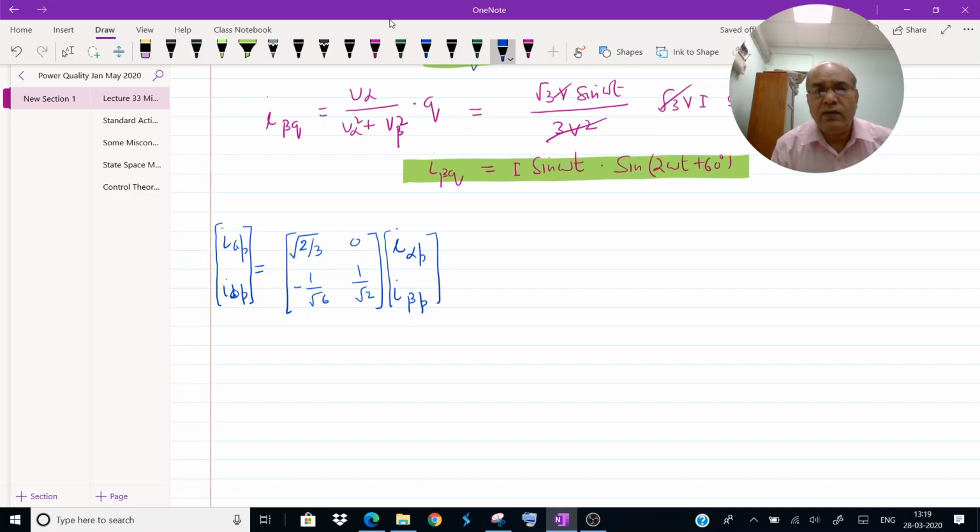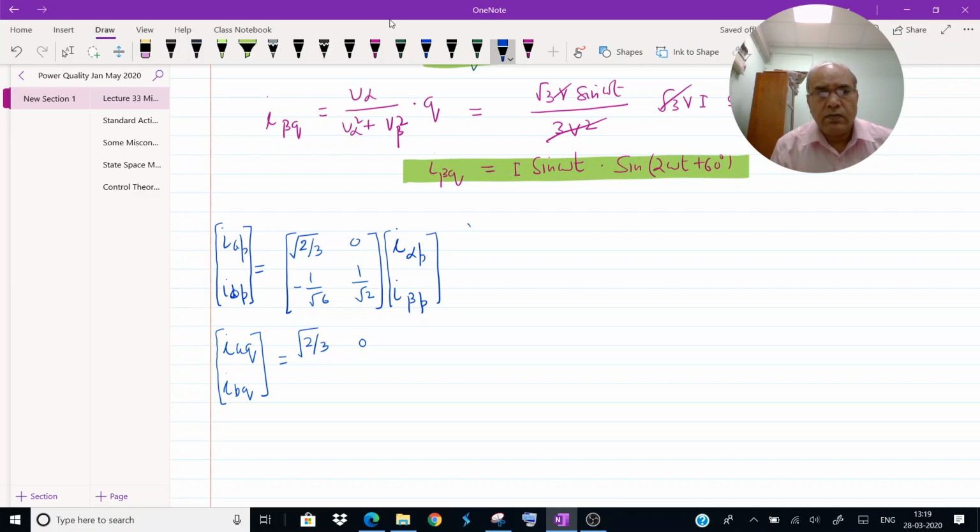Now similarly we can find out IAQ and IBQ the same way, except that we now have I alpha q and I beta q here.